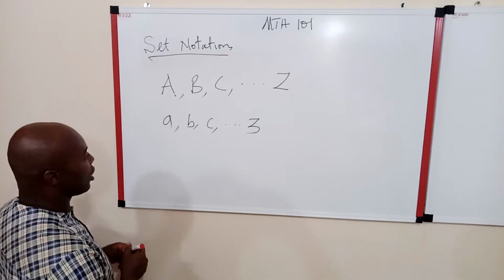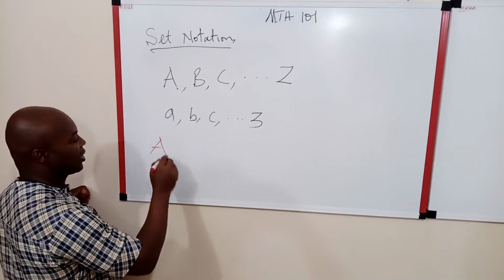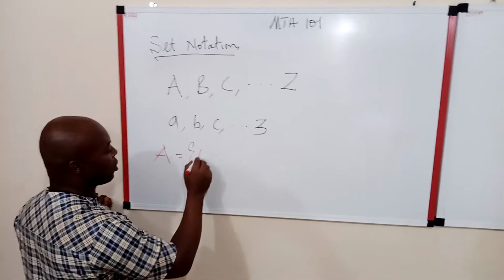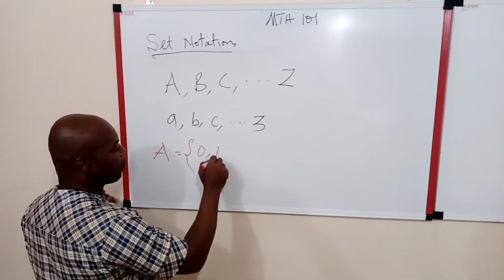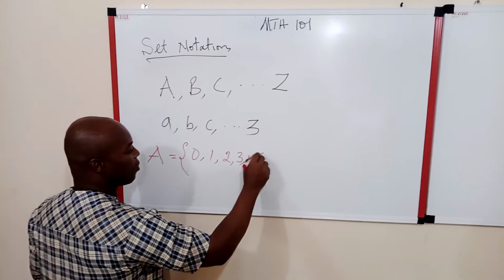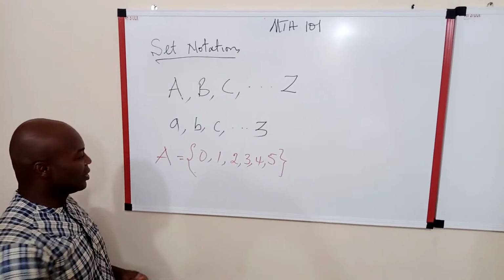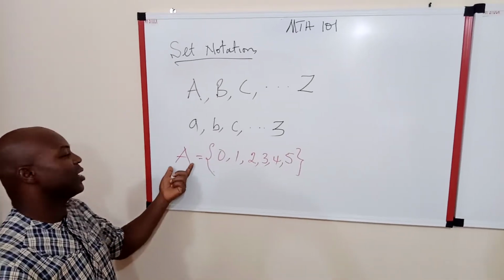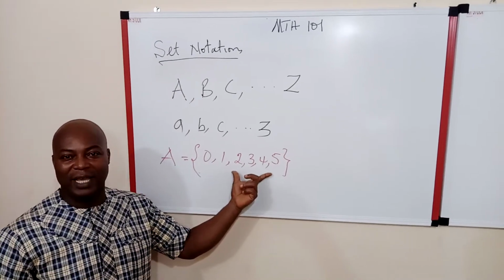A set A, therefore, will be 1, 2, 3, 4, 5. This is how we write it. So if we're talking about these elements, it's just for us to talk about A. Once you talk about A, you know that you are talking about these collections, these elements.